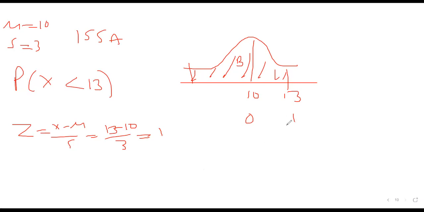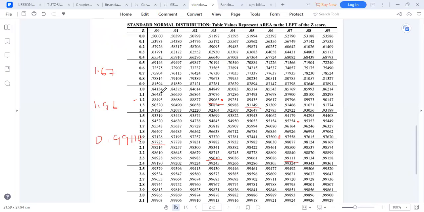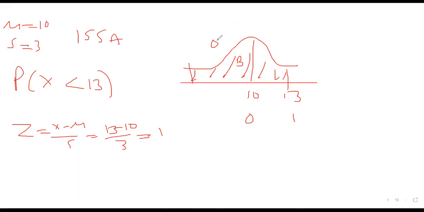So let's read what the 1 is, what we know from here to here. So 1.0, what is the reading? 0.84134.